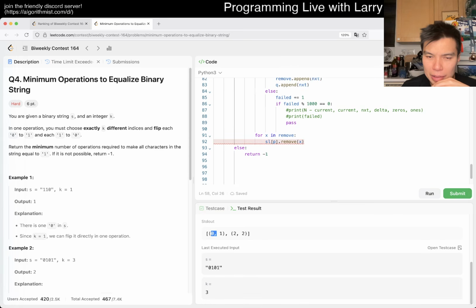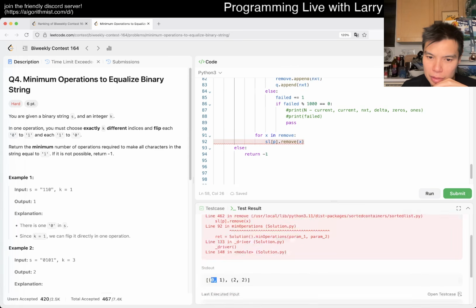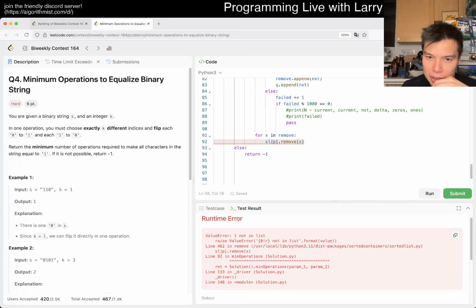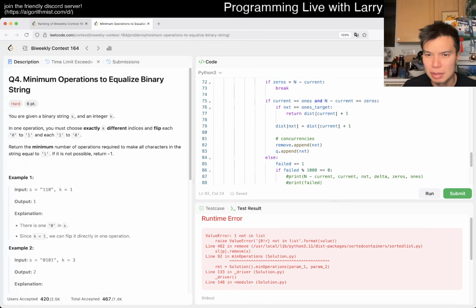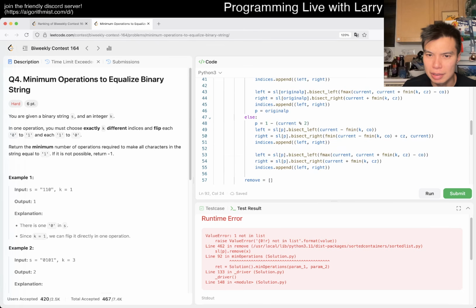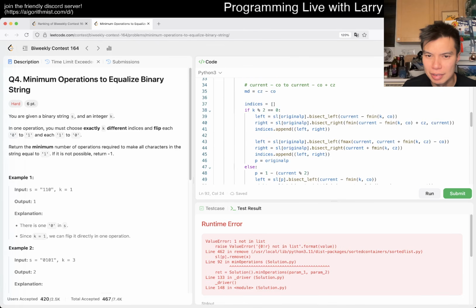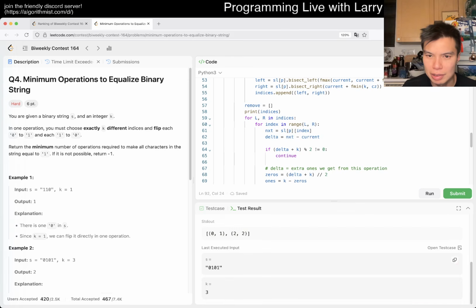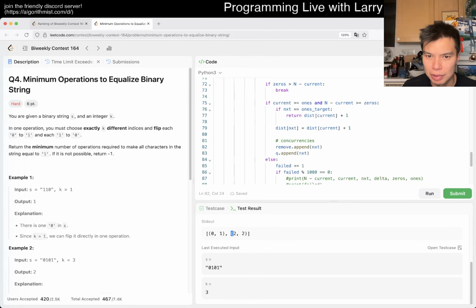Oh, I mean, I'm dumb. Why not in list? No, that means that we already removed it. Okay, maybe that's fine. It's a little bit awkward though. Wait, is it fine though? Why would that be? We have 0, 1. Why would we put in the removal twice?